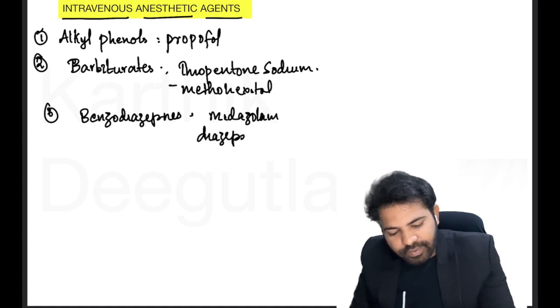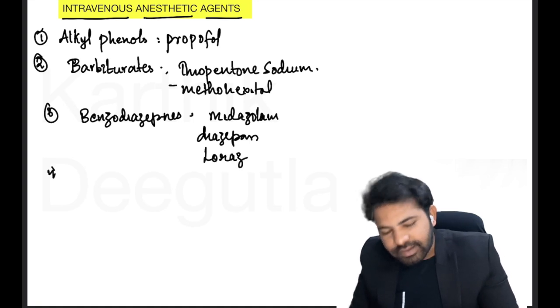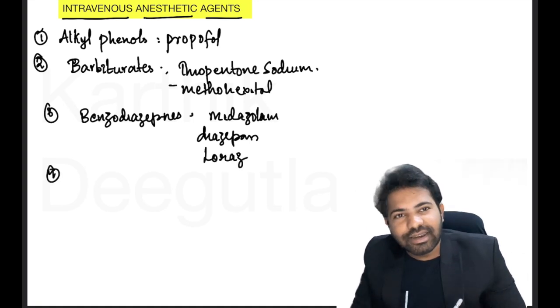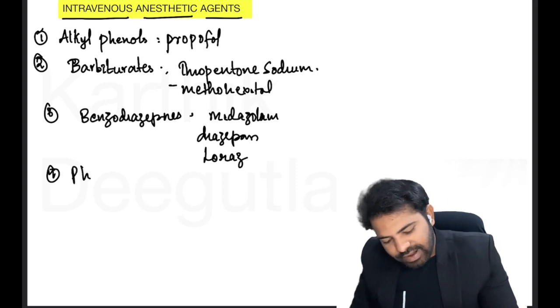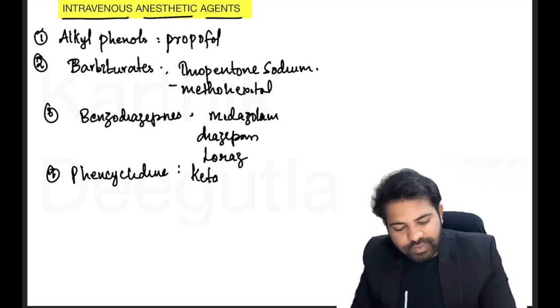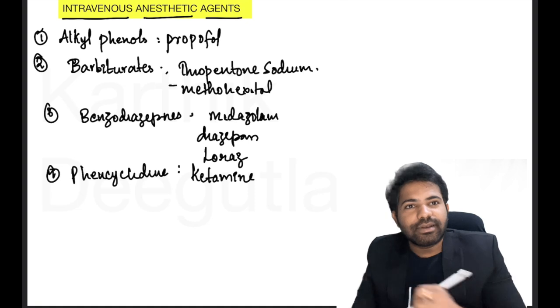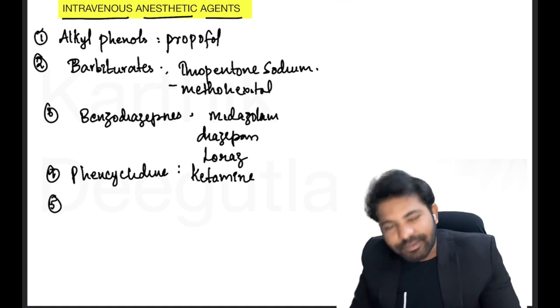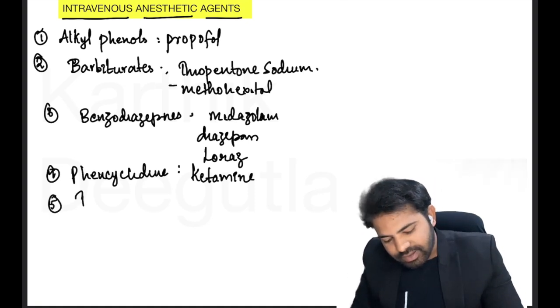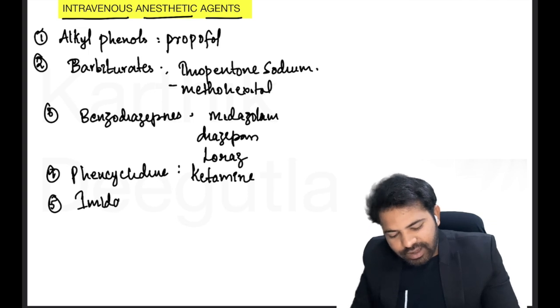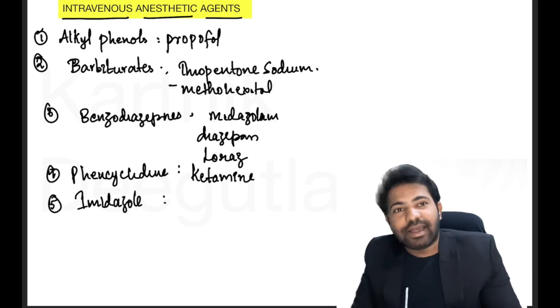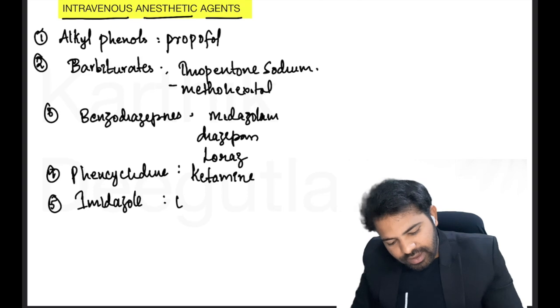Then comes the phencyclidine derivatives. Example is ketamine. Then we have something called imidazole derivatives. The example is etomidate.